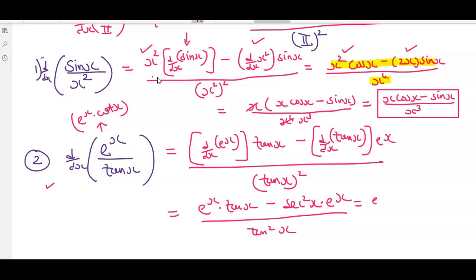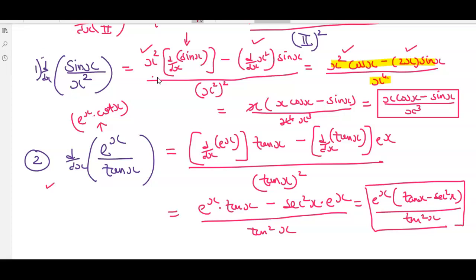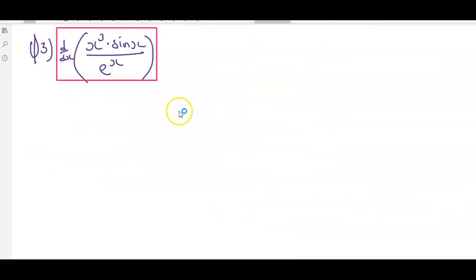You can take e to the power x common. It is tan x minus sec square x whole upon tan square x. If you can simplify it, it's quite well. Otherwise, you can leave the question over here.